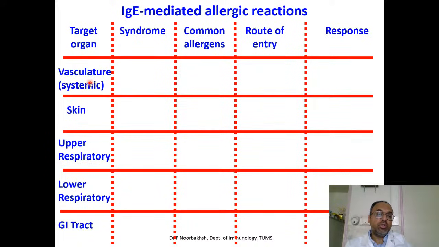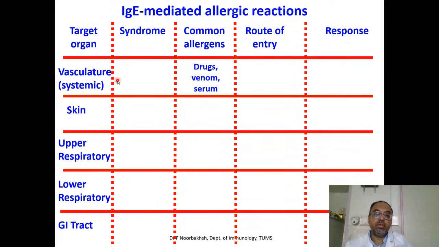So here I have vasculature, skin, upper respiratory tract, lower respiratory tract, and GI tract. And I want to show you what happens if we have hypersensitivity at a systemic level or in the skin or upper part of the respiratory system, lower part, or the gastrointestinal tract.